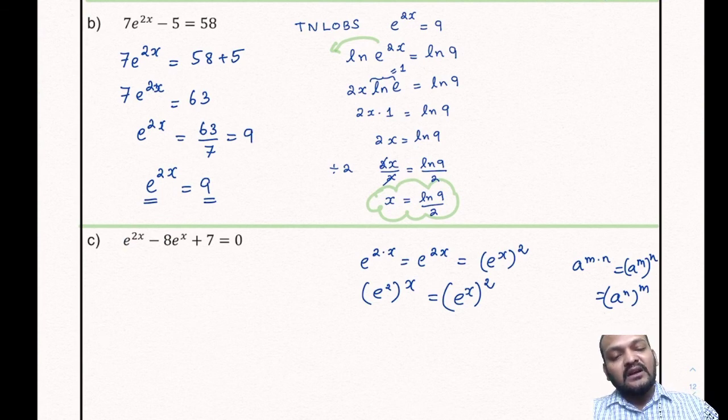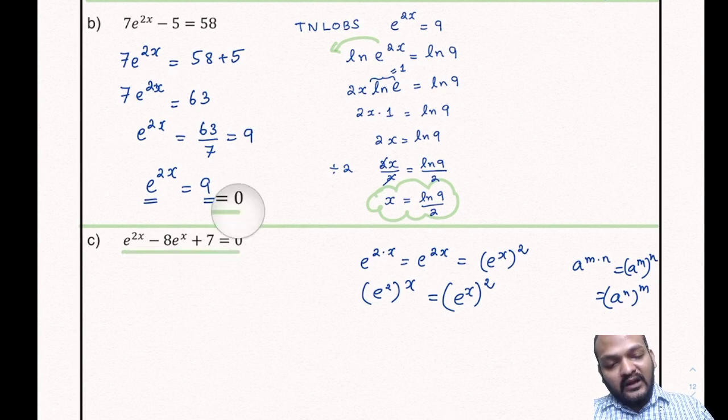Then we are going to convert this equation into a quadratic equation and solve it. We will do some sort of substitution, transform this into a quadratic equation, solve the quadratic equation, then do resubstitution back, and then solve for the x's.